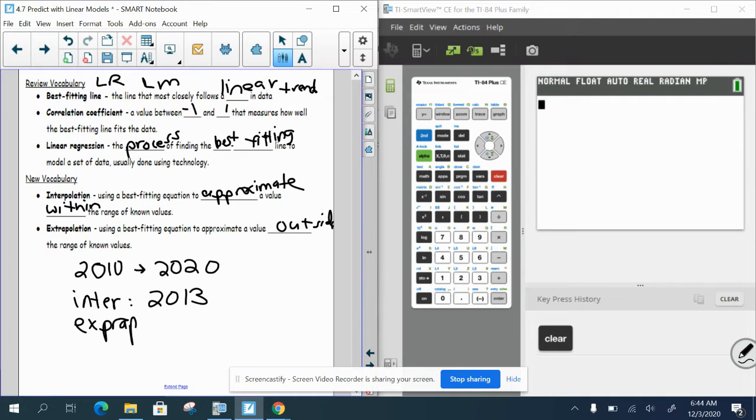Extrapolation would be using it to determine something that happened before. So what if you wanted to predict what it would have been in 2008? That's not as reliable because your data is supposed to be just from 2010 to 2020. Something could have happened before 2010 that could have affected the data.